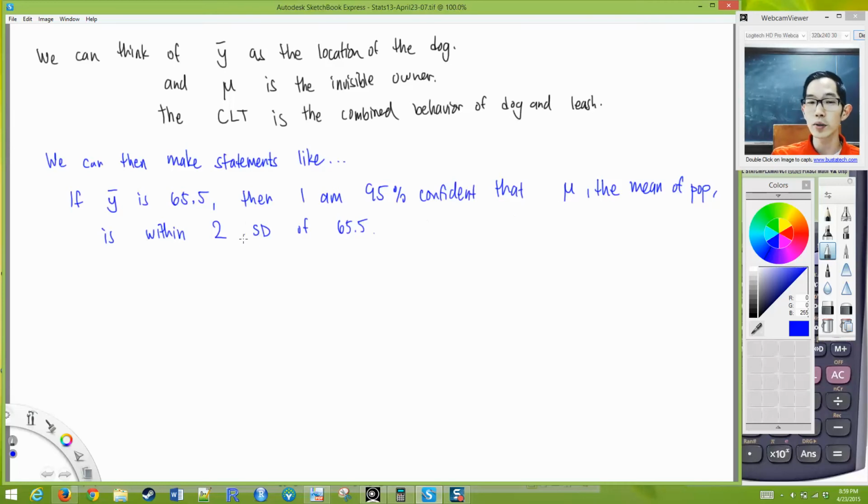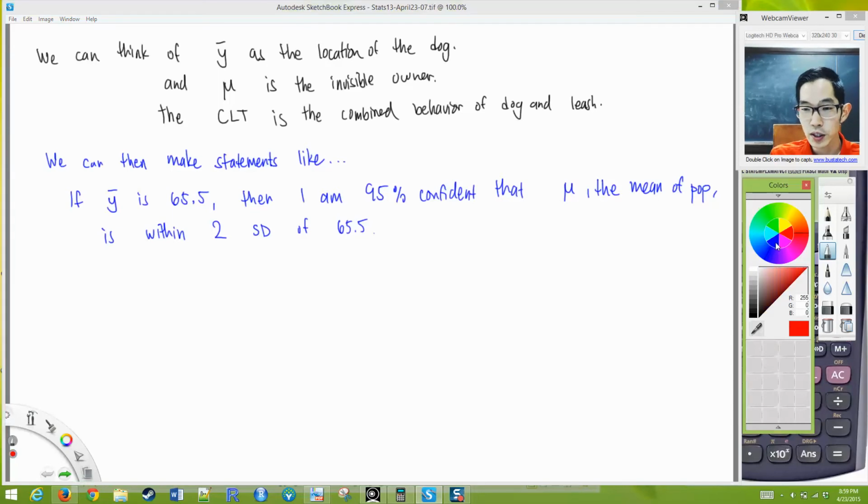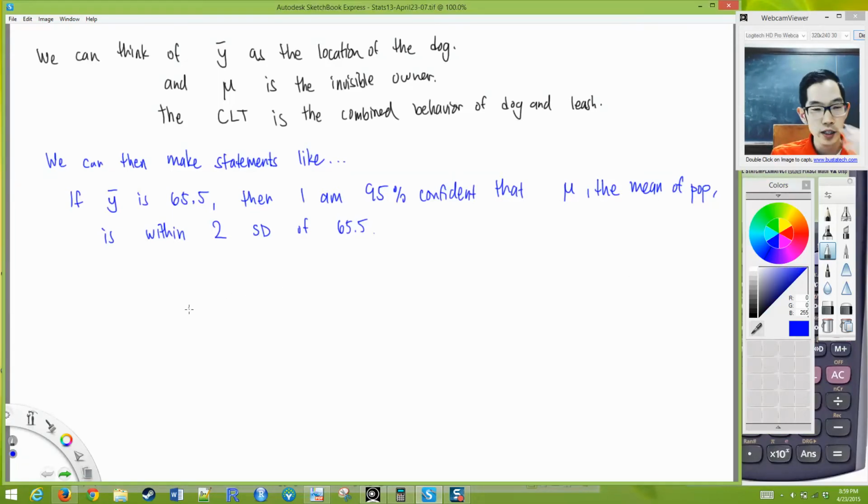So what is this standard deviation? It's the standard deviation of the sampling distribution. It's not the standard deviation of the sample. We'll get into all of that. We need to fix this up a little bit, and it's technically not 2 standard deviations, it's a little bit different. When I say standard deviation here, it is the standard deviation of the sampling distribution.